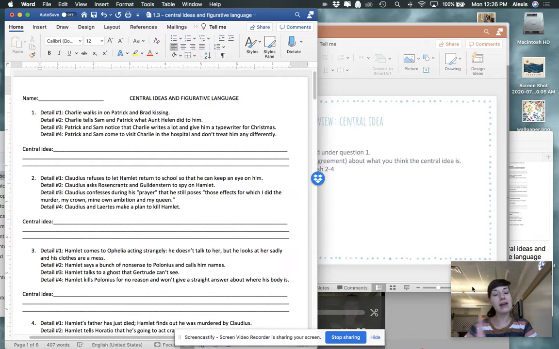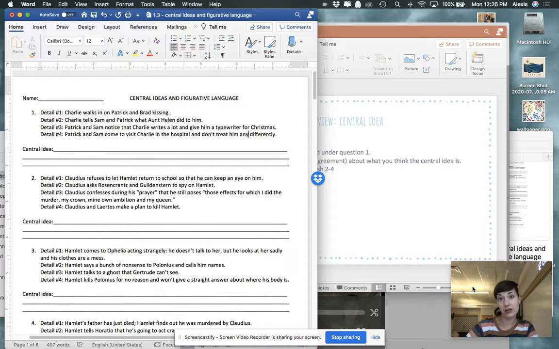Okay, so you may have come up with a couple different things, and we don't have to have all the exact same wording here, all right? But one of the central ideas that you may have come up with is that a true friend recognizes who you are and accepts that, right? So we can see that happening in both ways in these details.